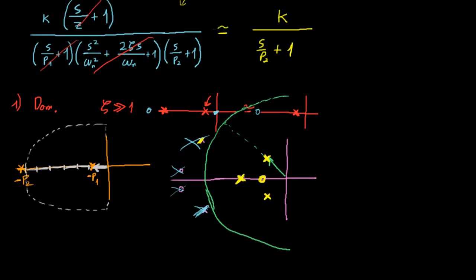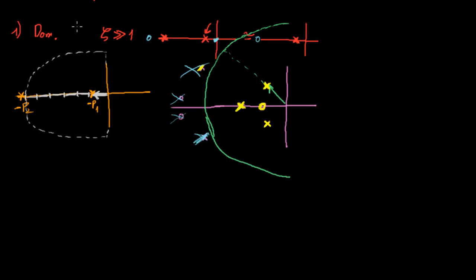Now it is very important to remember that only the dynamic part of the elements must be disregarded and not the gain. So for example, in this system here, G(s) is equal to s plus 2 over s squared plus 2s plus 3 times s plus 100.